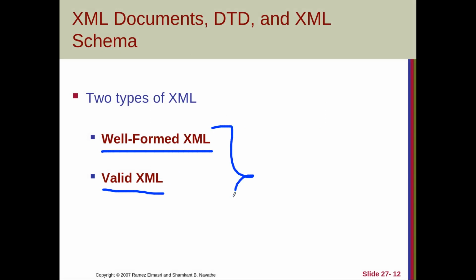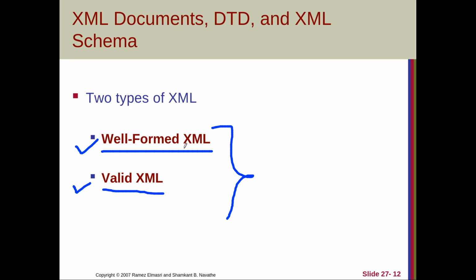In the previous session we were discussing the categories or types of XML based on the characteristics of the written XML document, but here we will be focusing on the types of XML based on the way in which that XML document is written. So they are well-formed XML and valid XML documents.